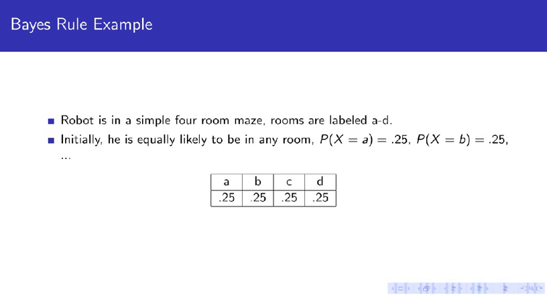So here we're illustrating our prior probability distribution over that location variable x. And what we're saying is it's a uniform distribution. So we believe that it's equally likely that x equals a and the robot is here, or x equals b and the robot is there, x equals c and the robot is there, etc.